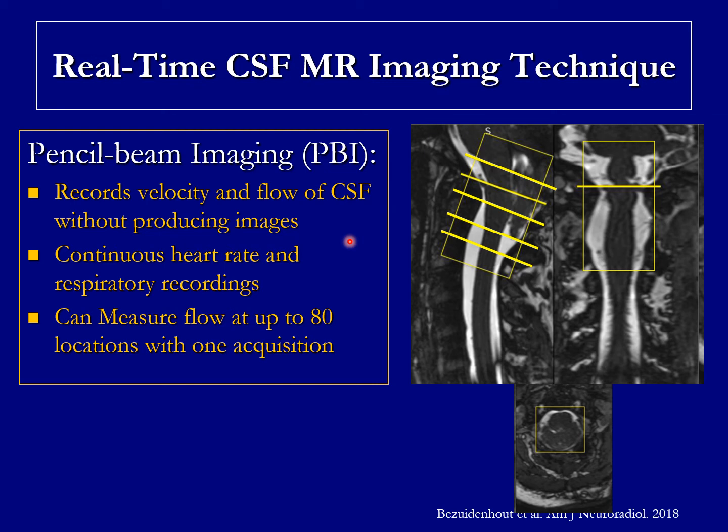So there are no real images with it. We use this anatomic image to set it up, but the information that we get out of this particular sequence is only the flow and the velocity. It also records the heart rate and respiration at the same time. Routine CSF flow imaging with phase contrast can only be used at one level, for example at this level. With this method, any level in this box can be assessed at the same time.